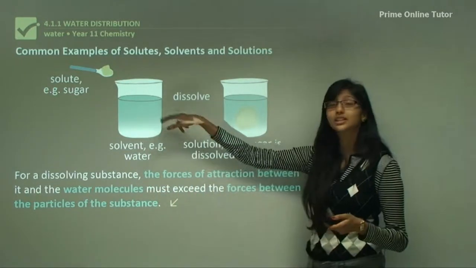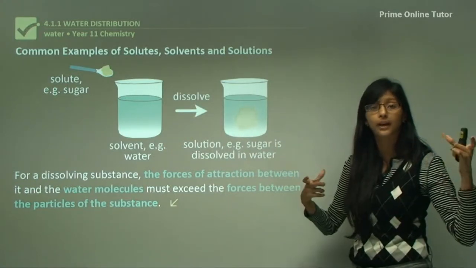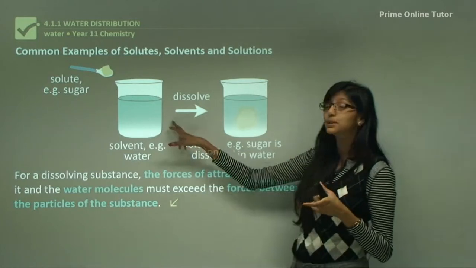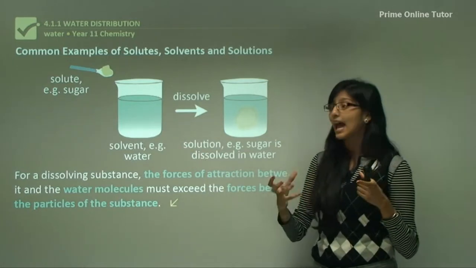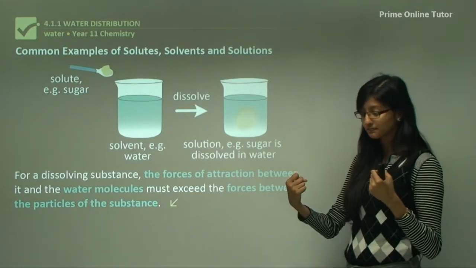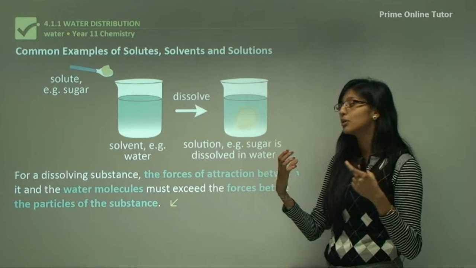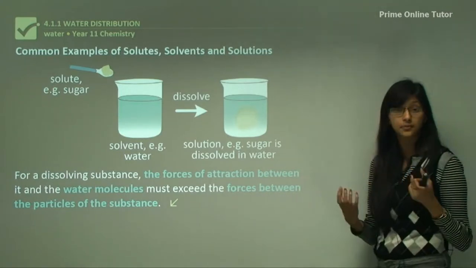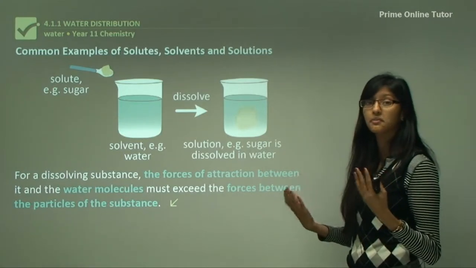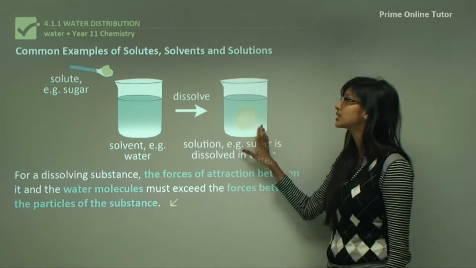But when you dissolve it in water, the forces between the sugar molecules break. Also, the forces between the water molecules break. And what happens is the sugar molecules and the water molecules form their own new force, which is a new type of attractive force. For example, they can form dispersion forces between them, and that's why your solution dissolves.